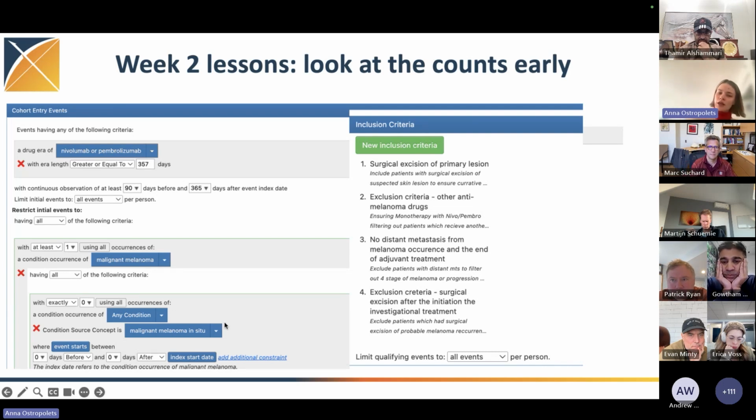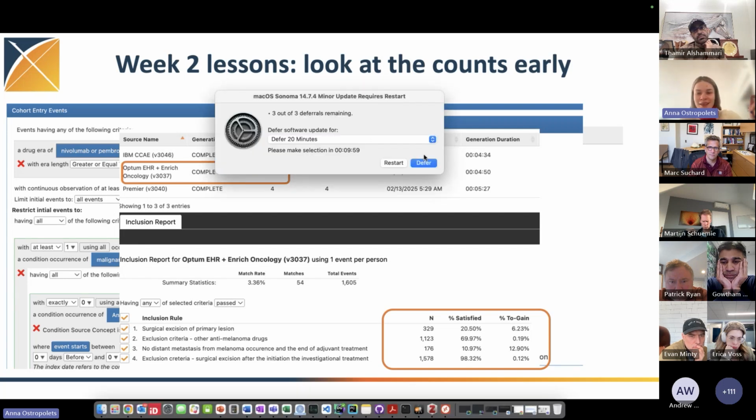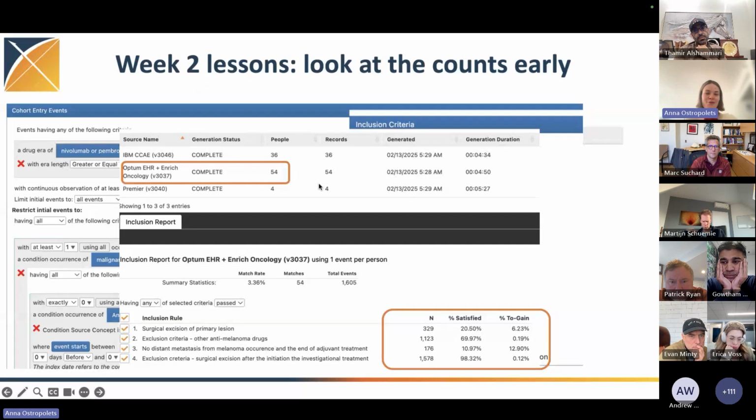But then if you look at the patient counts, for example, here in one of the data sources we have at our disposal, Optum EHR plus Enric Oncology, you'll see that this definition only retrieves 54 patients, which means that it will be very hard to make any sort of inference from this cohort.